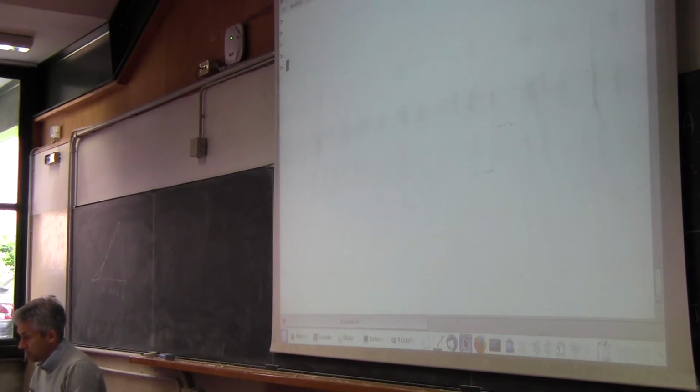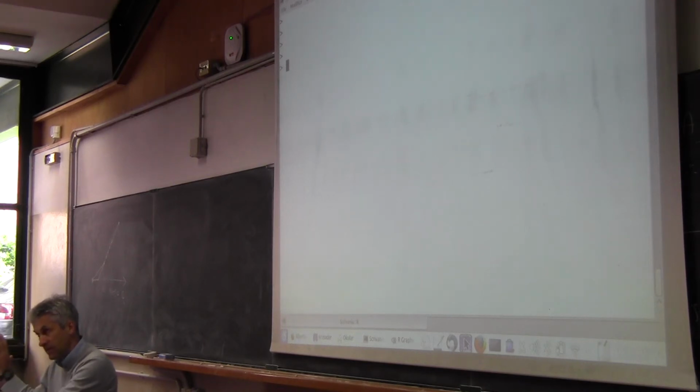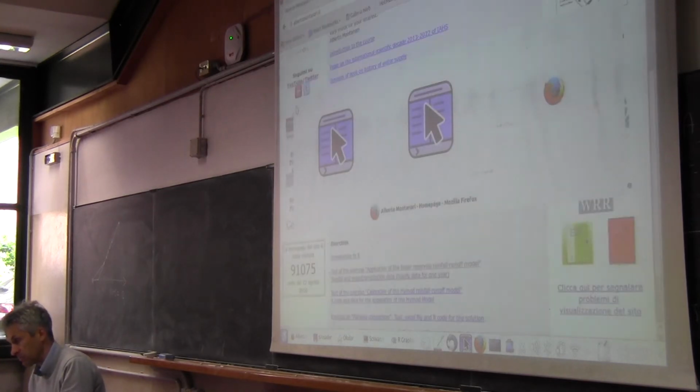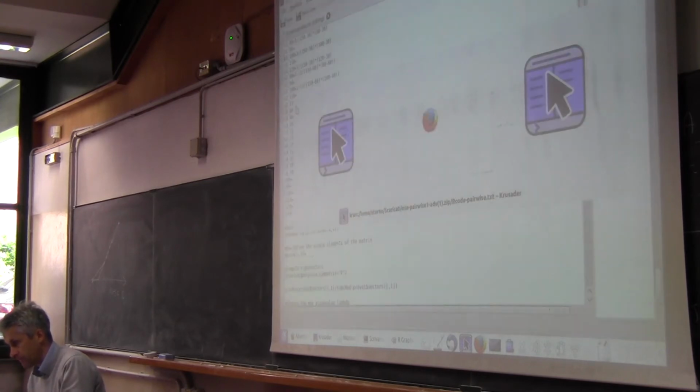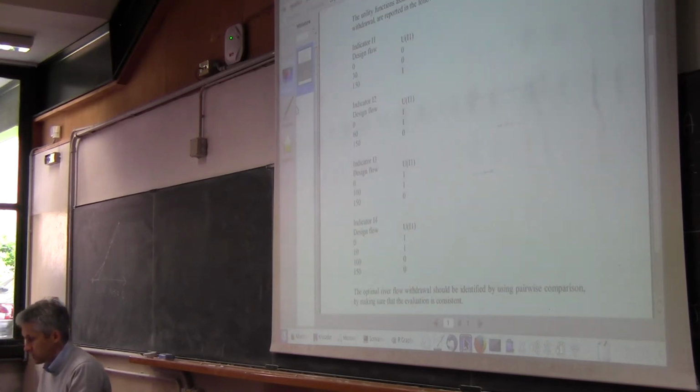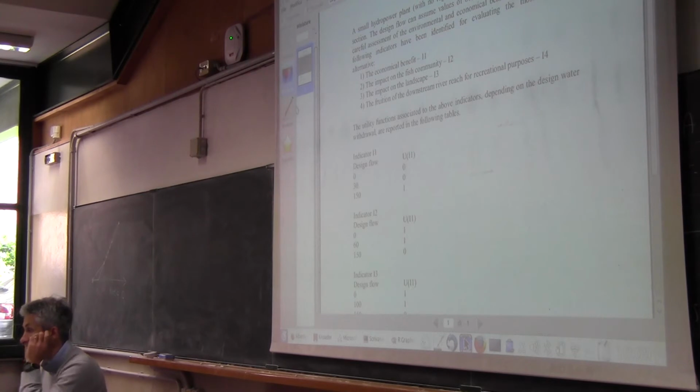So let me start by looking back at the criteria, because if we have to compare them 2 by 2, we have to have clear in mind what they mean. So let me go back to the criteria. Basically, criteria 1 is economical benefit.